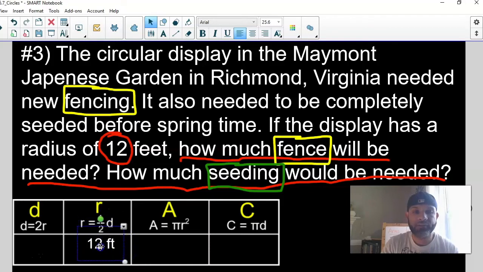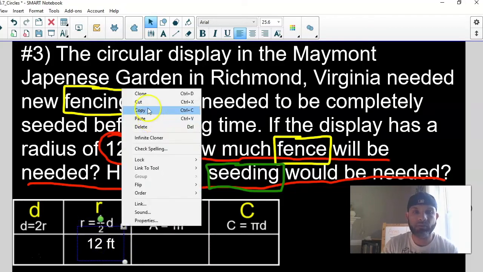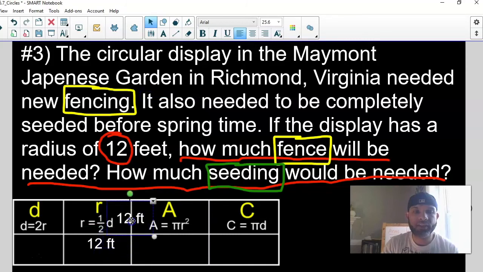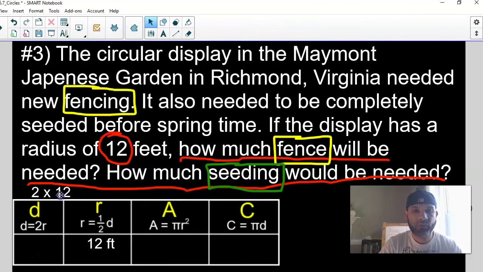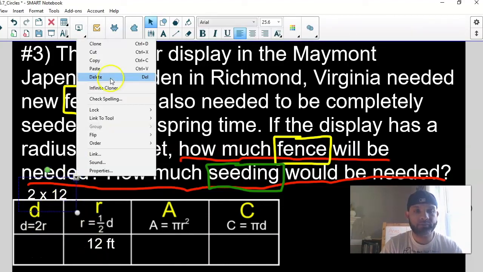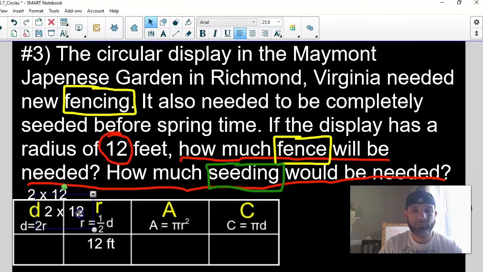If the radius is 12, the diameter is twice the radius, 2r. So what is 2 times 12? Well, that's 24. So this is 24 feet.